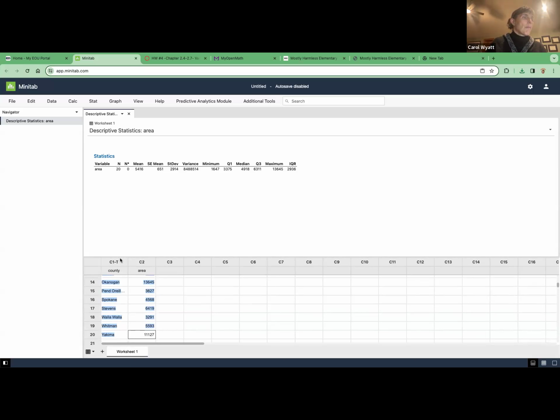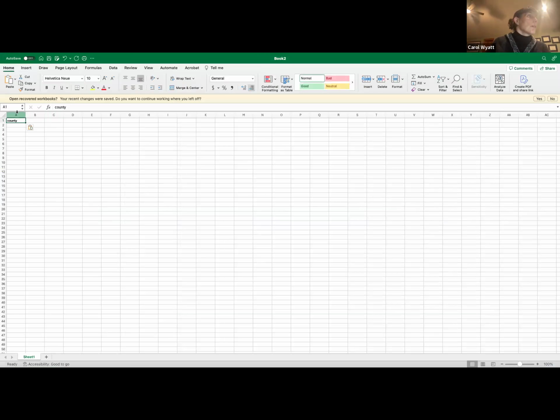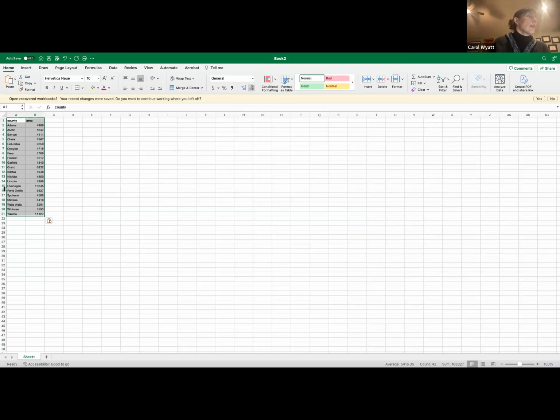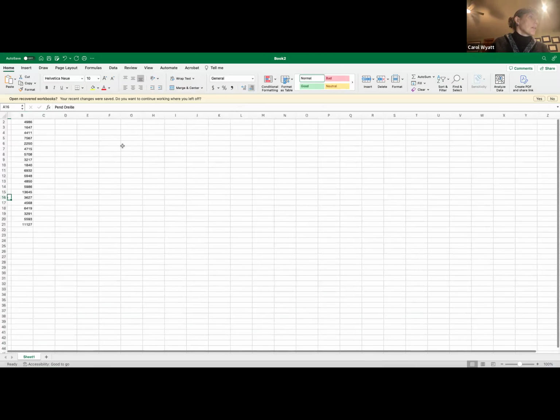Do it this way. Try that. Copying the whole columns hopefully will work. There we go. That's better. Happier now. All right, so we've got our data pasted here.